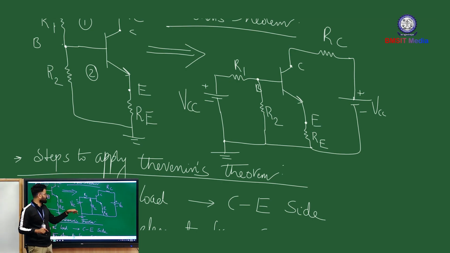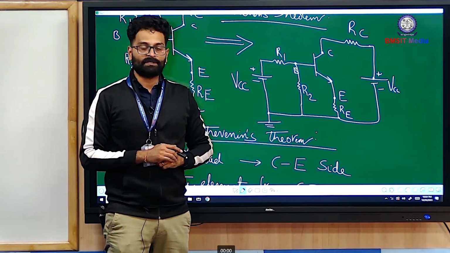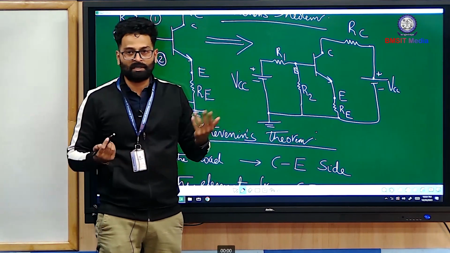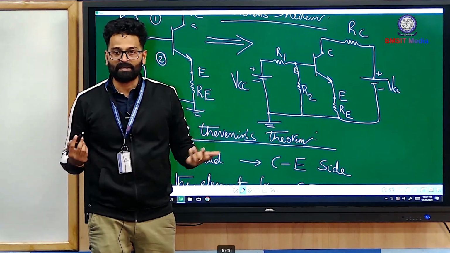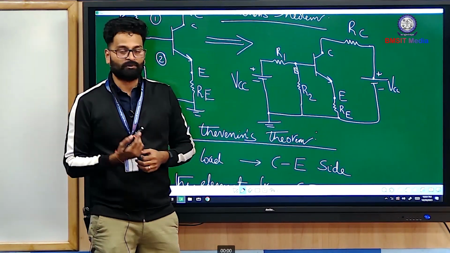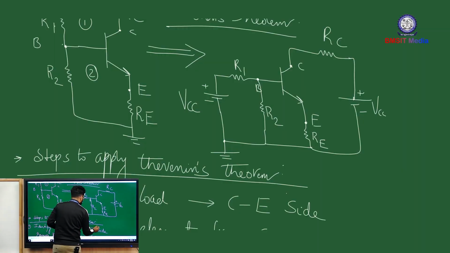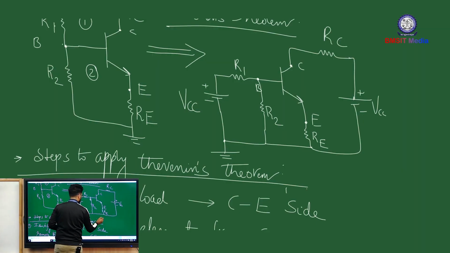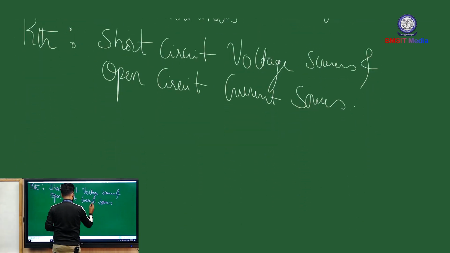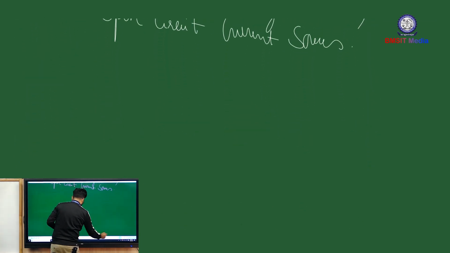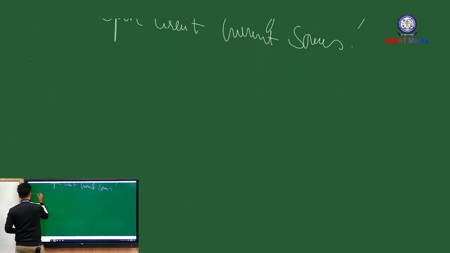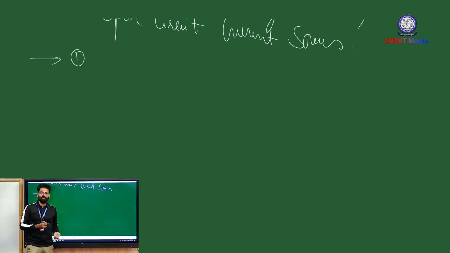So you should short circuit this power supply voltage VCC, and we don't have any current sources, so you can ignore the current source over here. All right, so let us now find the Thevenin's equivalent network. The steps I have written, you can revisit. Now let us apply these steps to the circuit under consideration.